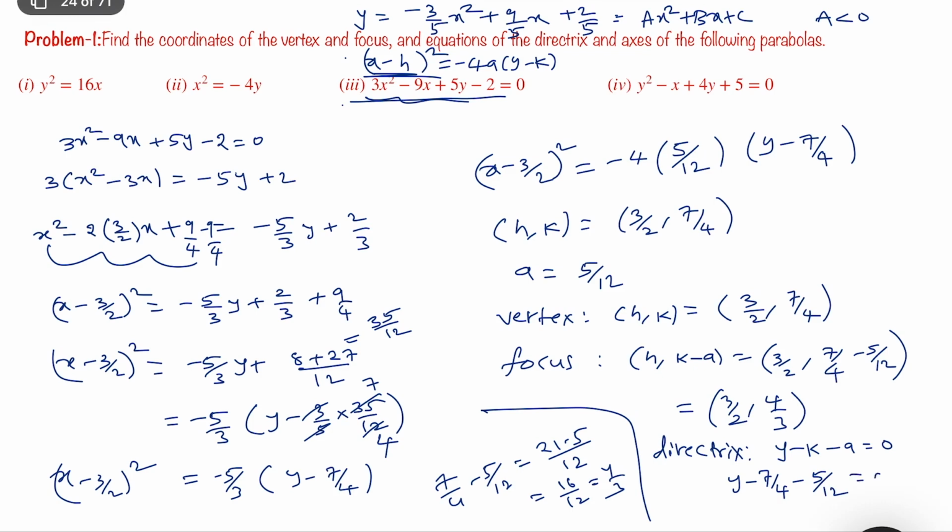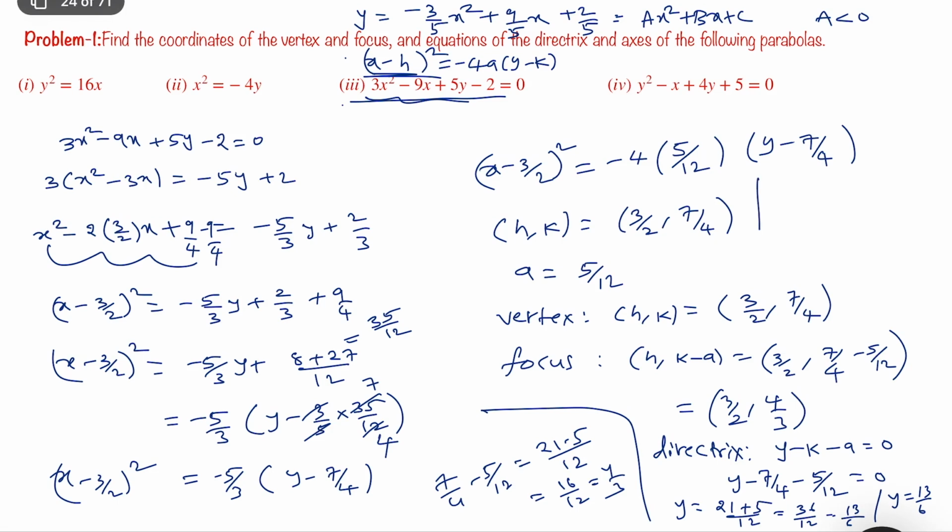So now we have y equal to 7 by 4 plus 5 by 12, which is 21 plus 5 by 12, that will be 26 by 12, it will be 13 by 6. So the directrix equation is y equal to 13 by 6, which is a line parallel to the x-axis.